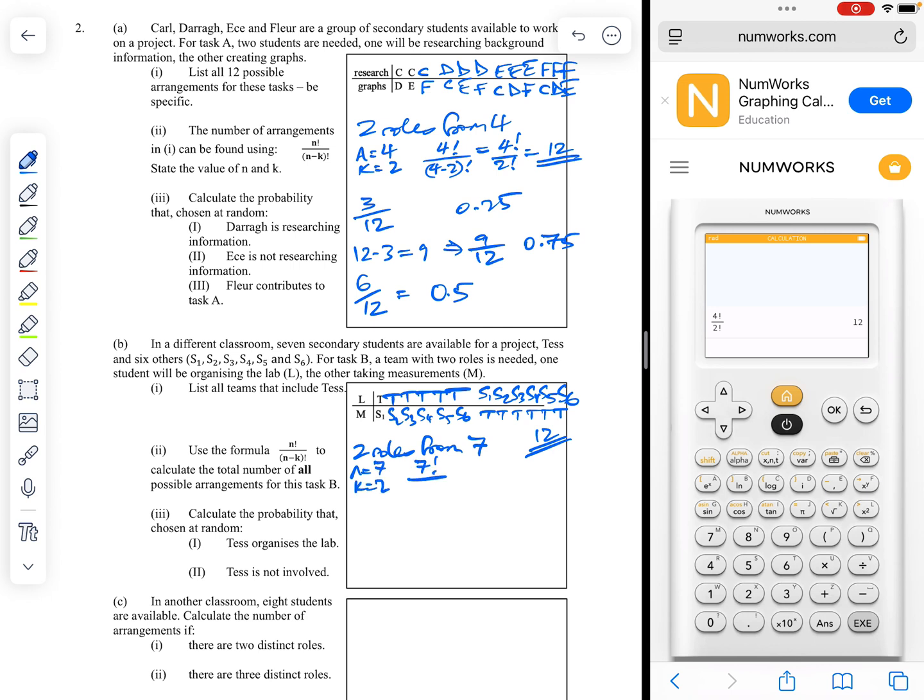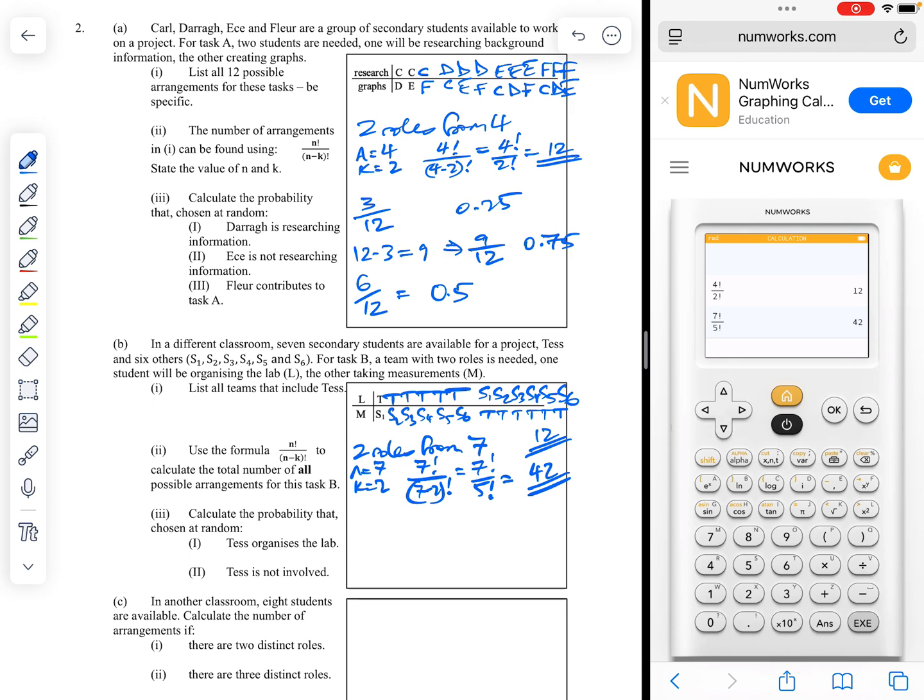We have 7 factorial over 7 minus 2 factorial, 7 factorial over 5 factorial. 7, toolbox, enter, move across, divided by 5, toolbox, the factorial is there for us straight away, enter, that's what we want, 42. If they'd asked us to list all the possible arrangements, there would have been 42 of them.